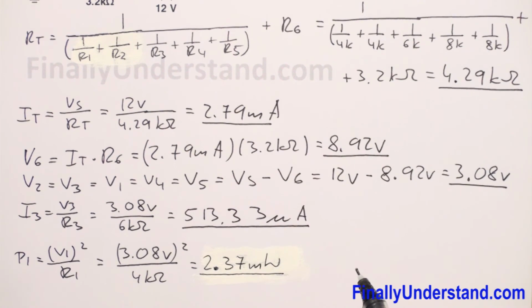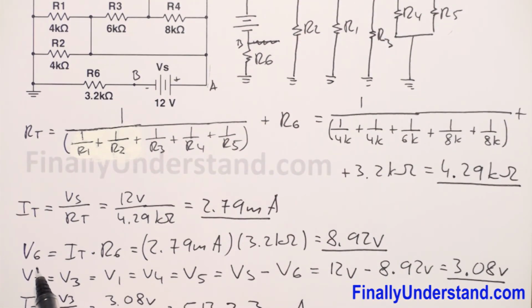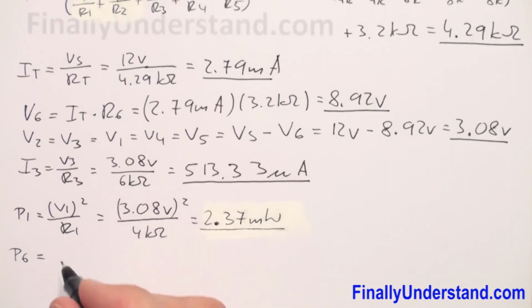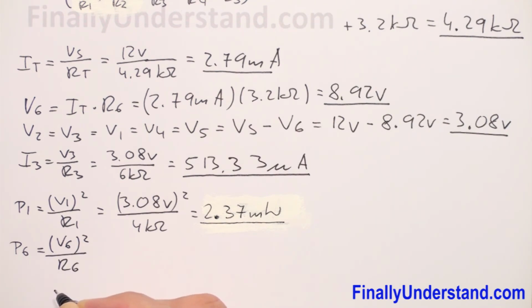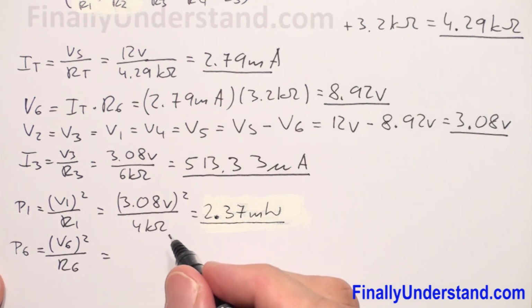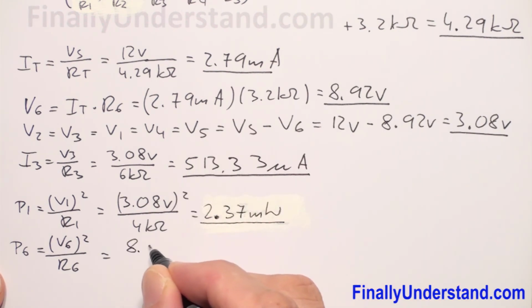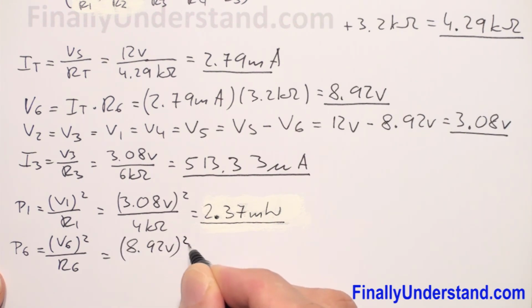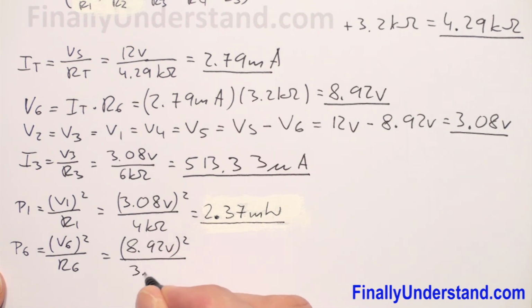Next I'm supposed to find the power at resistor 6. P6 is equal to, since we found the voltage across resistor 6, I'm going to use this voltage, so V6 to the second power over R6. V6 we have 8.92 volts, 8.92 volts to the second power over R6, and R6 is 3.2 kilo ohms.